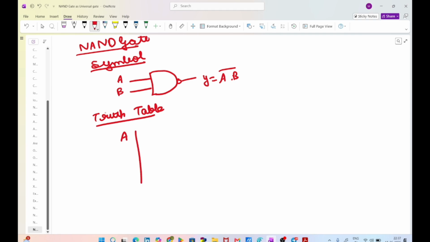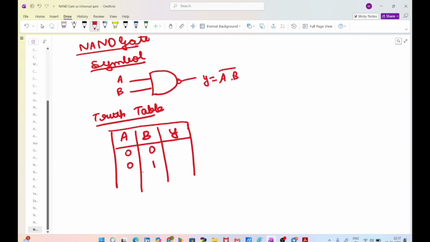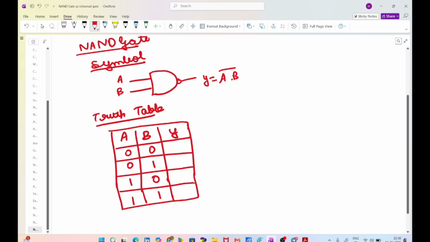A, B, Y. 0 0, 0 1, 1 0, 1 1. We know that when any input is 0, the output is 1, else the output is 0.